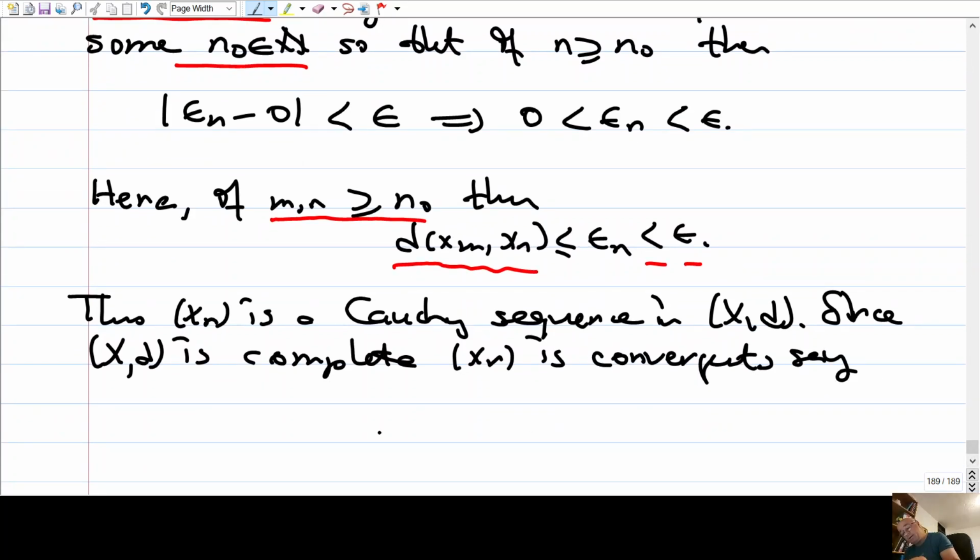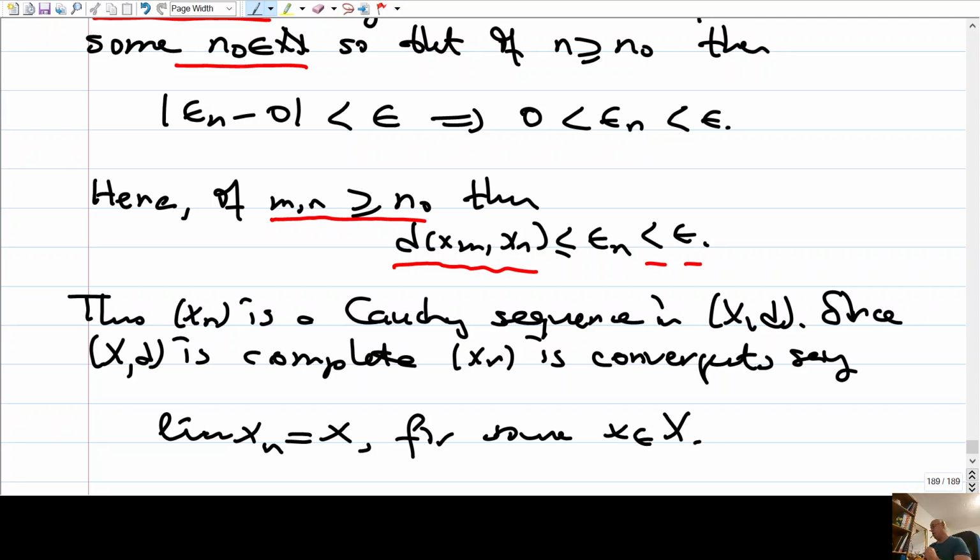Say the limit of xn is equal to x for some x in the metric space. Okay.